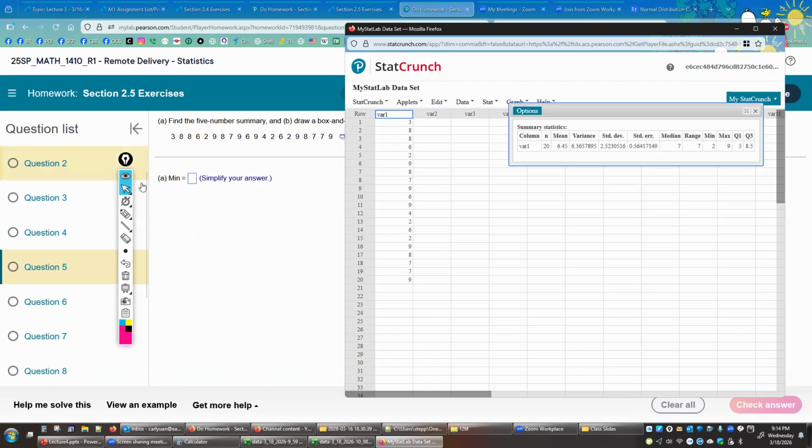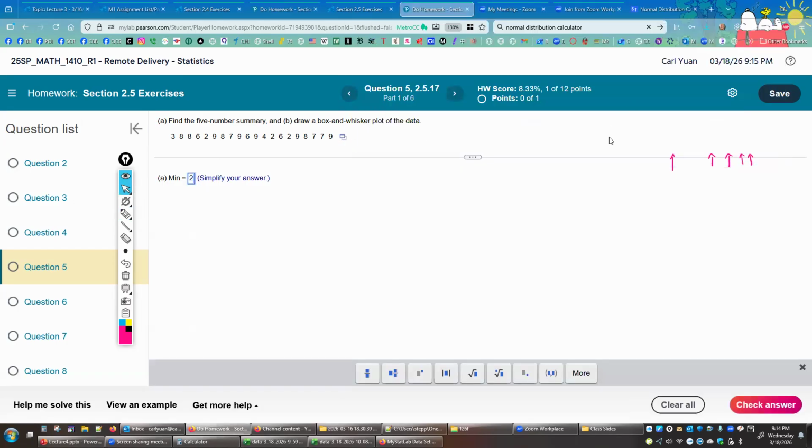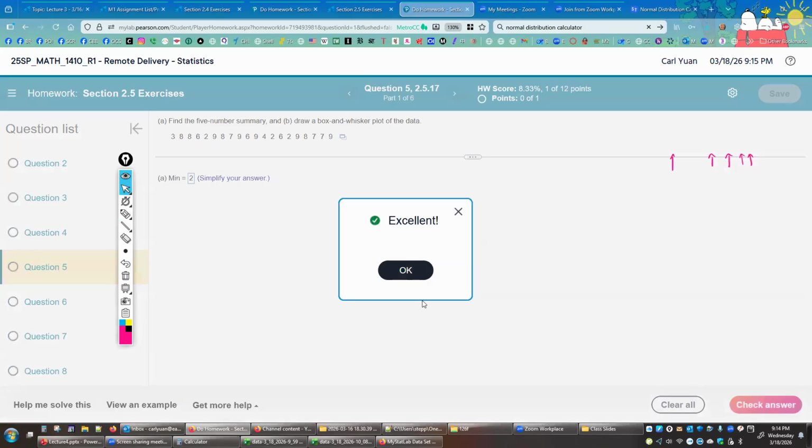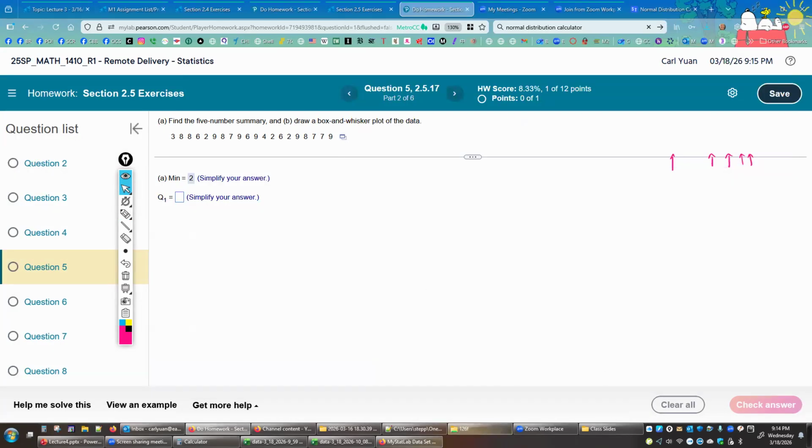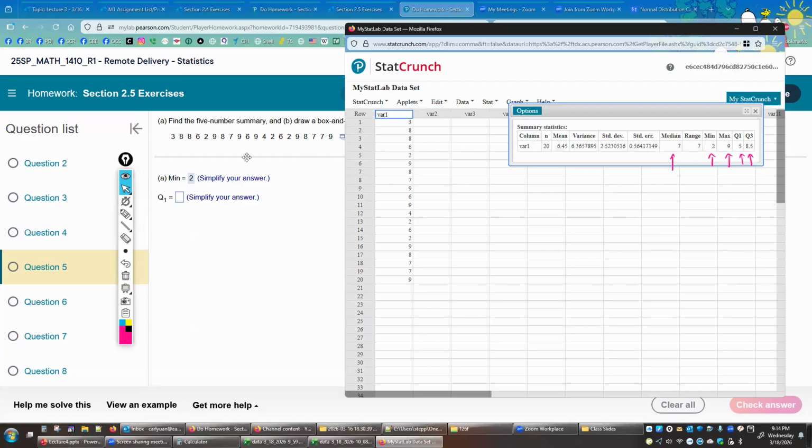Okay, so let's see what we got. It has the minimum, the maximum, Q1, Q3, and the median. So that's my 5-number summary. Minimum is 2. Let's just jot down all the numbers so we don't forget them. So 2 is the minimum. 5 is Q1. 8.5 for Q3, the max is 9, and the median is 7.